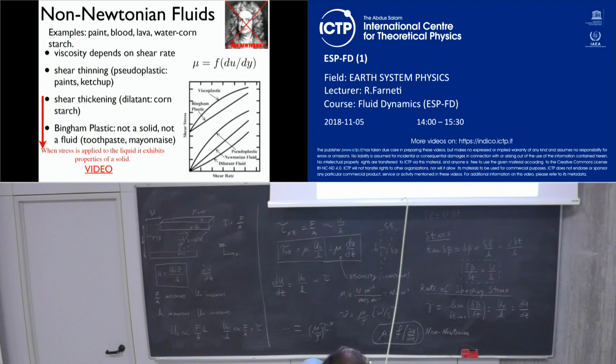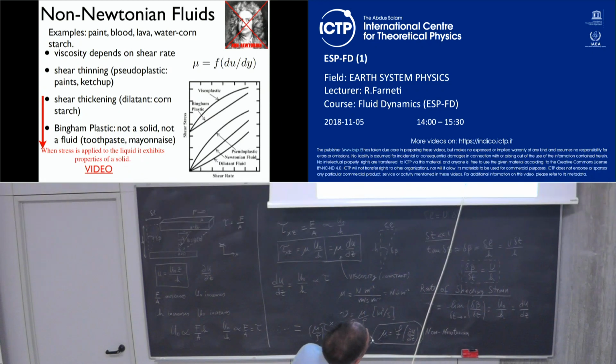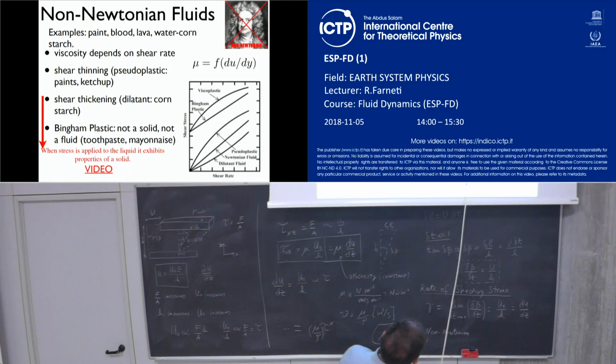And it's called pseudoplastic, which is this line over here. So this is the shear rate, du by dz, and this is the shear stress, my tau. And this is a pseudoplastic, this one.